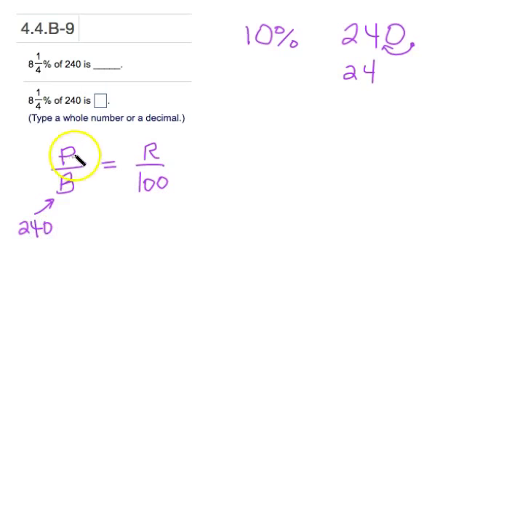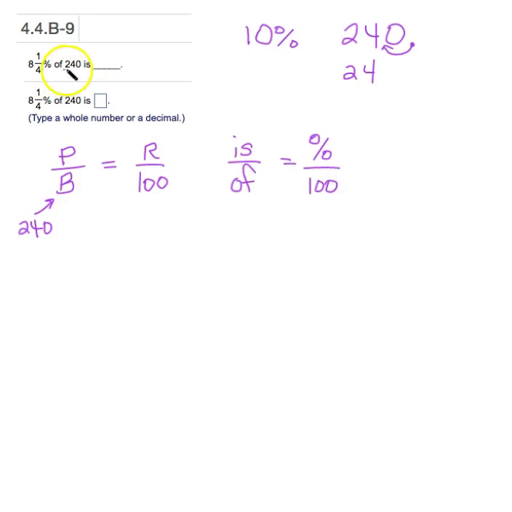P is our percentage, or the part being compared with the base, and R is the rate or percent. And I think that's where it gets a little bit confusing. Another way to write the same proportion, which is sometimes helpful when it's worded like this, is is over of equals percent over 100.